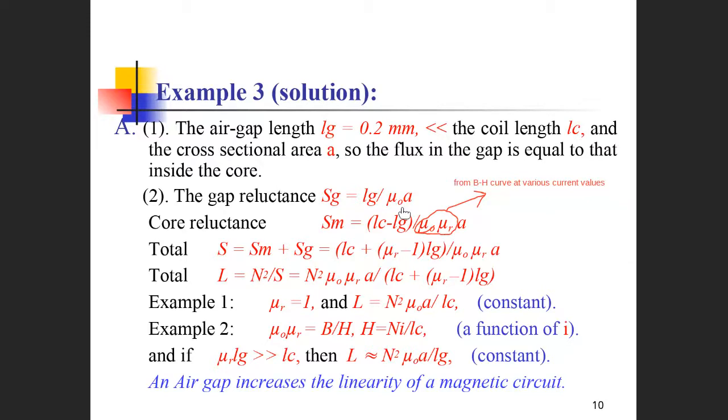For the air gap, mu0 is given. For the core material, from the BH curve at the various current values, you can find out the permeability mu. Therefore, you can estimate the magnetizing reluctance. The total reluctance is the sum of these two.